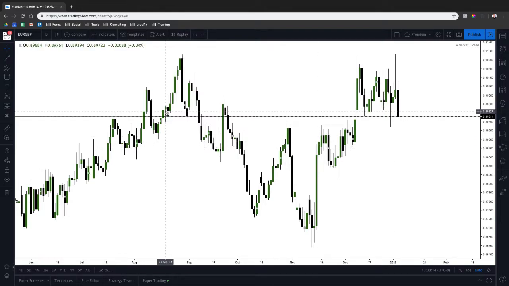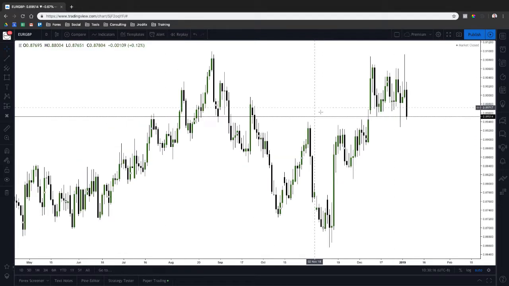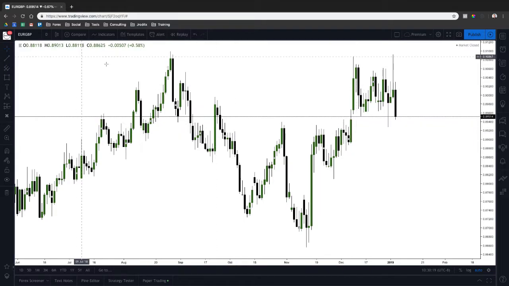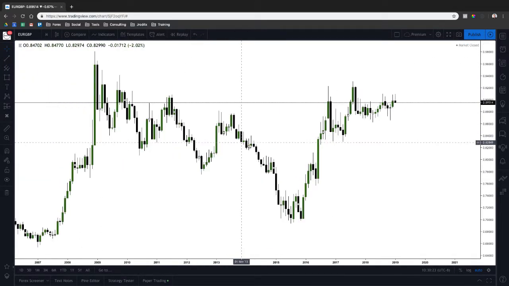Alright, and EURGBP. Let me go out to a monthly. So you guys can see with this one, we have been trapped in here for a while. In my opinion, it looks to me like we've just been gradually rolling higher though. We've got this low, push up, make a higher high above these highs, come back down.